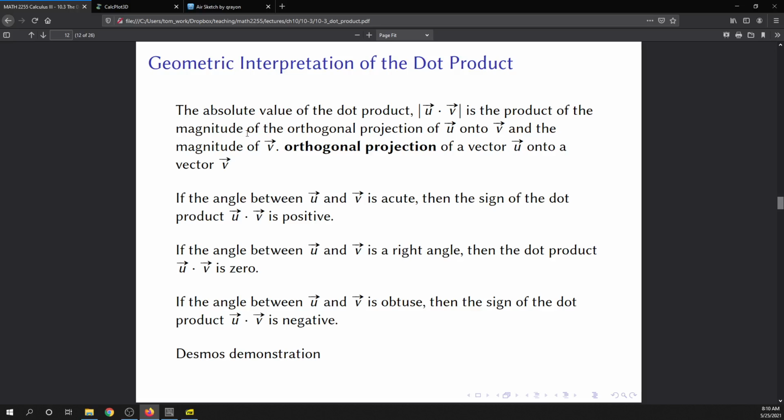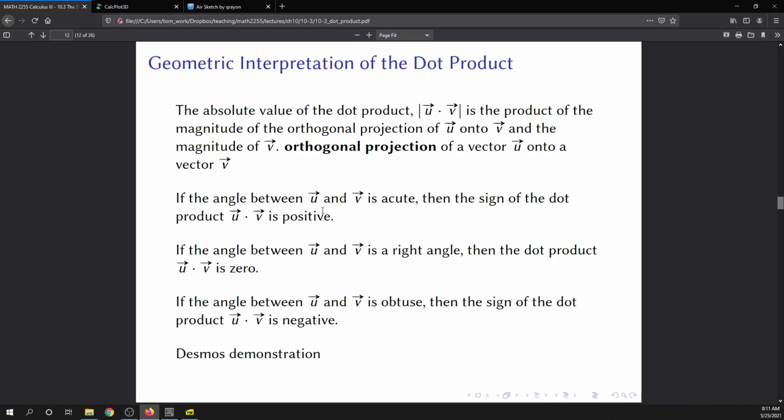It's the product of the magnitude of the orthogonal projection of u onto v and the magnitude of v. So that's the absolute value of the number that you get when you do the dot product. And I'll show you in a minute on this Desmos demonstration.